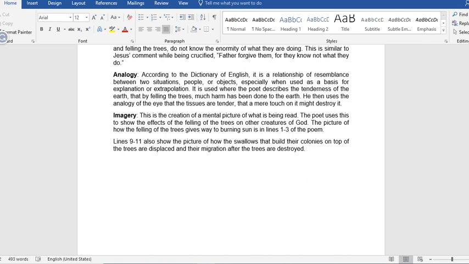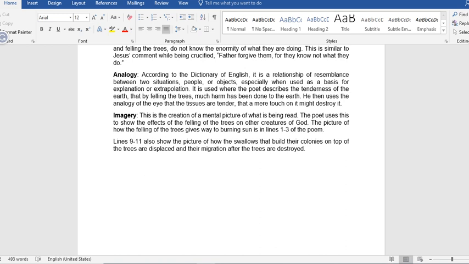We also have imagery. This is the creation of a mental picture of what is being discussed. Whenever you are reading maybe a novel or drama text and you're having a picture, you feel as if you are watching a film. That is imagery. The poet uses this to show the effect of the felling of the trees on other creatures of God.